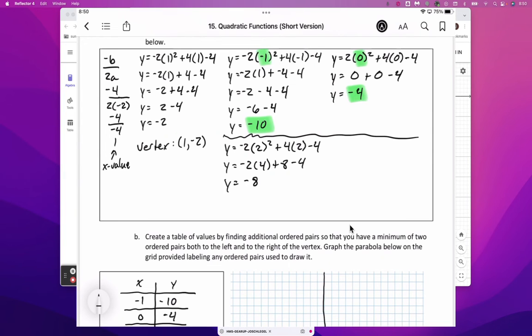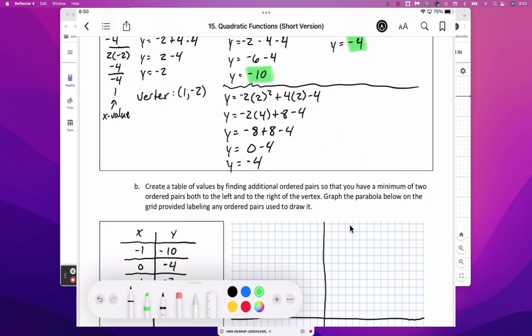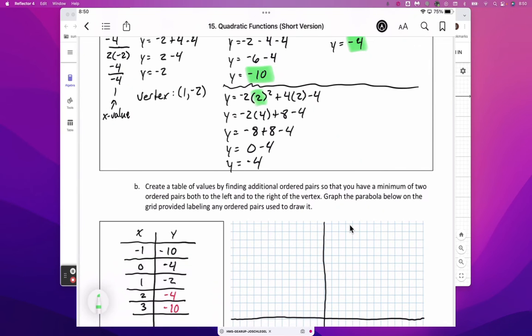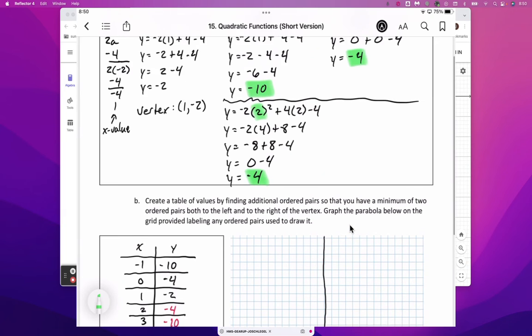Y equals negative 8 plus 8 minus 4. Negative 8 plus 8 is 0. And y equals negative 4. So when our x value is 2, our y value is negative 4. We already knew that was going to happen, though.